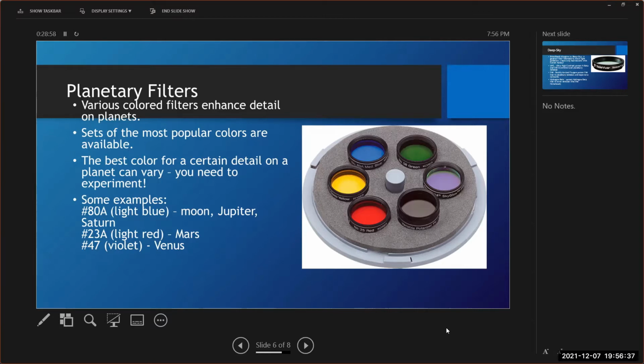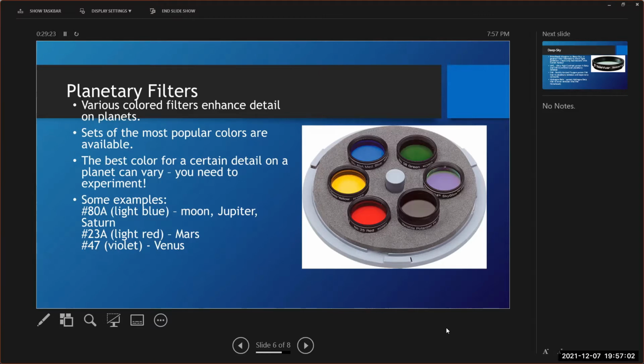The ones that I have tried were the light blue filter on Jupiter, the light red on Mars, and the violet one on Venus. I've never seen much difference with the Venus, but people use these worldwide, so I'm sure that there is some effect that is beneficial.